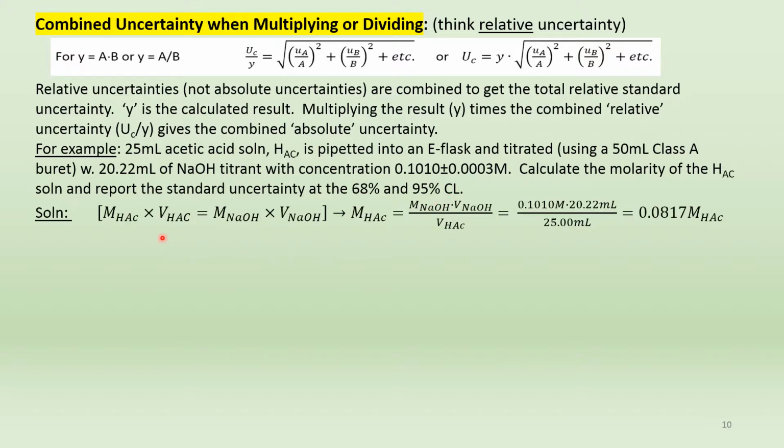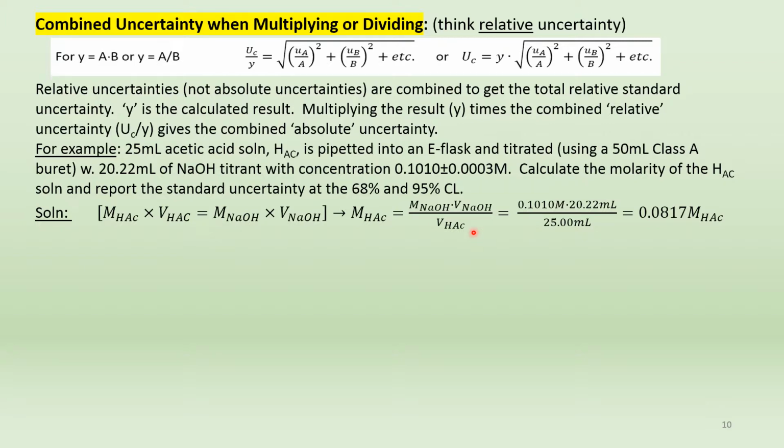So the foundational equation for equivalence point in an acid-base titration is that the number of moles of acid, M times V, is equal to the number of moles of hydroxide ion, M times V. I'm going to rearrange this equation and isolate the molarity of the HAc. It's equal to the molarity of the sodium hydroxide times its volume divided by the volume of acetic acid.